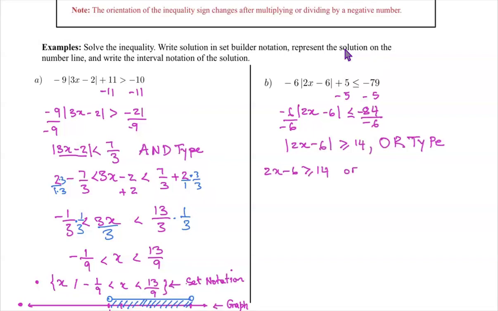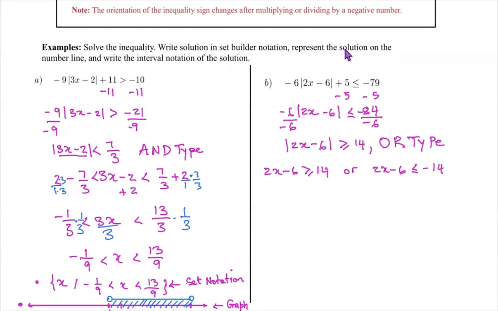Or the next one will be, first we drop the absolute value, 2x minus 6. Next, we reverse the inequality sign. That's less than or equal. And then we have negative 14 here.